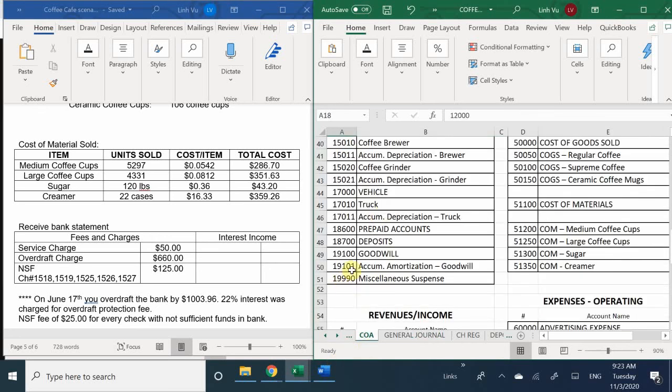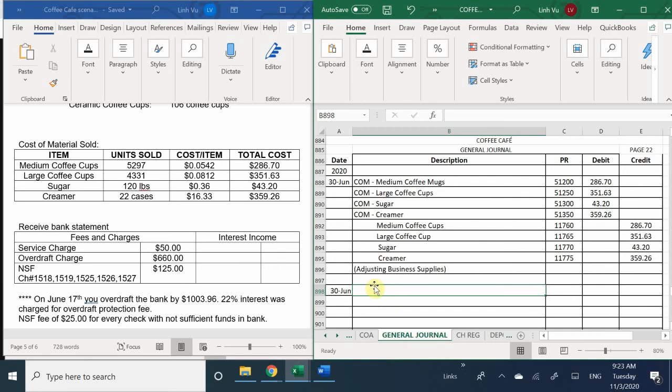Bank fees. Bank fees. All right. Good. Because it's an expense, right? Because every month we're not going to get charged this every single time, right? We can not have many charges. So bank fees is going to be it.